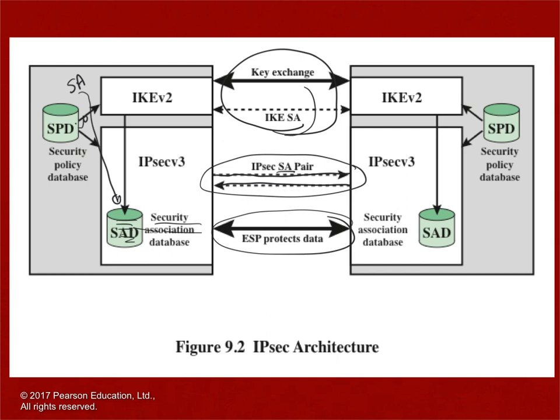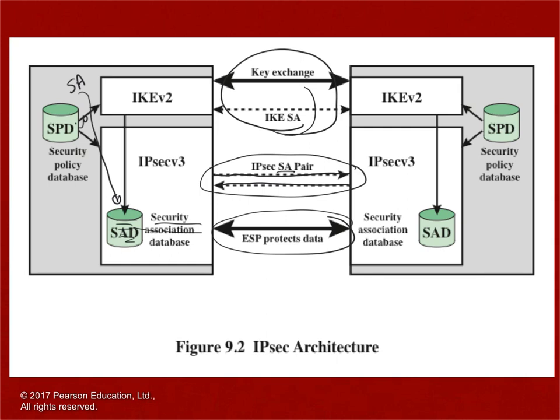Once we do this, then we create a security association, we store it in the database, and from now on we use that security association for protecting the traffic. So that's the sequence.